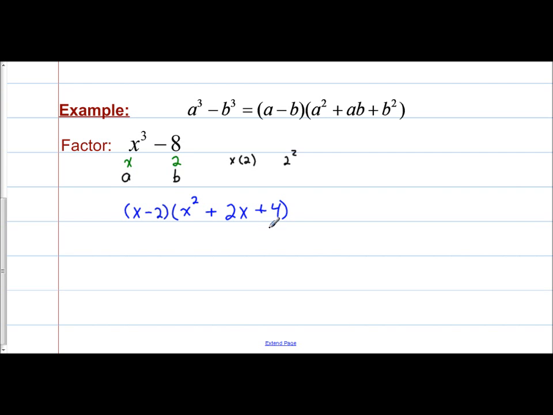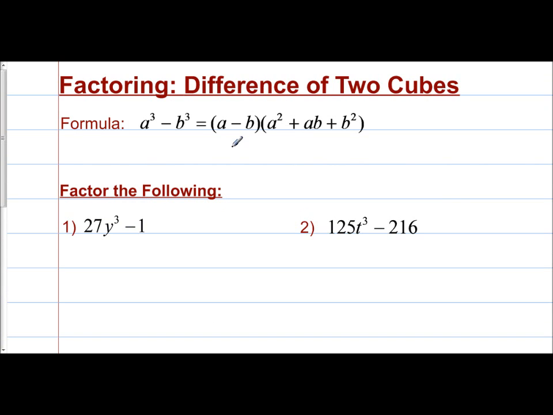Let's apply this technique to a little bit more complicated problems, with harder cube roots. We can see the formula on the top, and let's factor. The first thing I always need to do is check for a GCF. 27y cubed and 1, there is no GCF. I know 27 is a perfect cube, so I'm going to break it down into the base numbers.